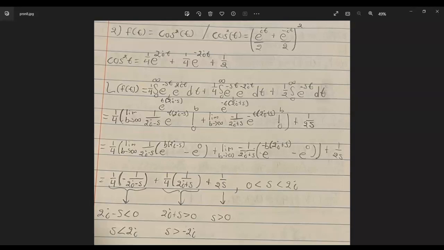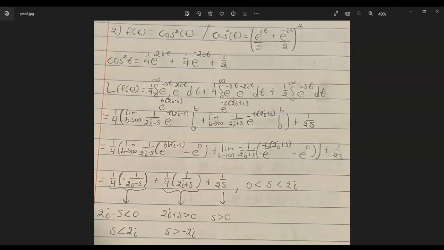So the first integral would be just e to the t times (2i minus s), and the next integral would be just e to the negative t times (2i plus s) to make it easier for me. And so I took the integral of that, and I got 1 over (2i minus s) times e to the t times (2i minus s). And the other one I got negative 1 over (2i plus s) times e to the negative t times (2i plus s).